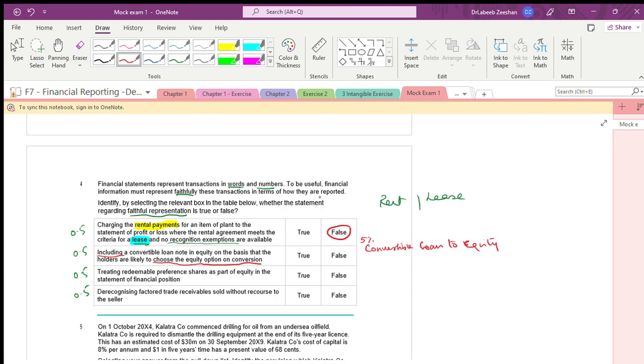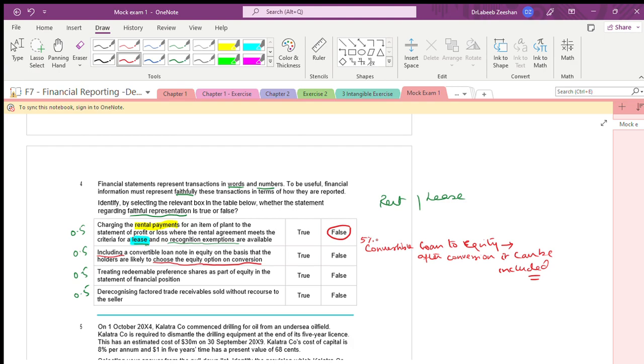This is financial statements presentation, the financial instruments. Now you have to show it separately. You should not include it before conversion. After conversion it can be included.